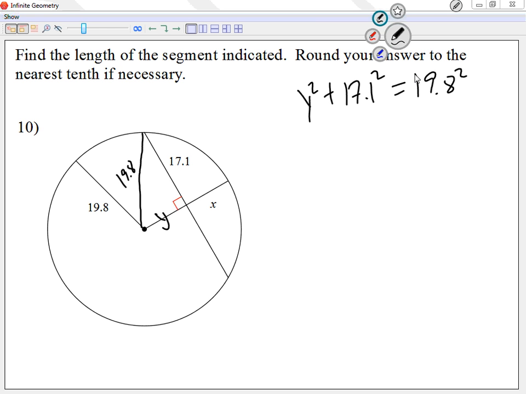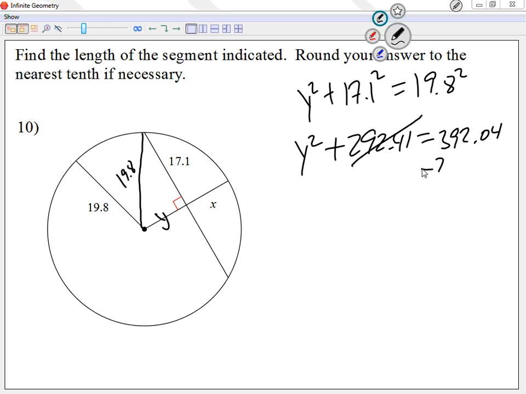So I'm looking at the three measurements of the triangle. I'm going to write y squared plus 292.41 equals 392.04.